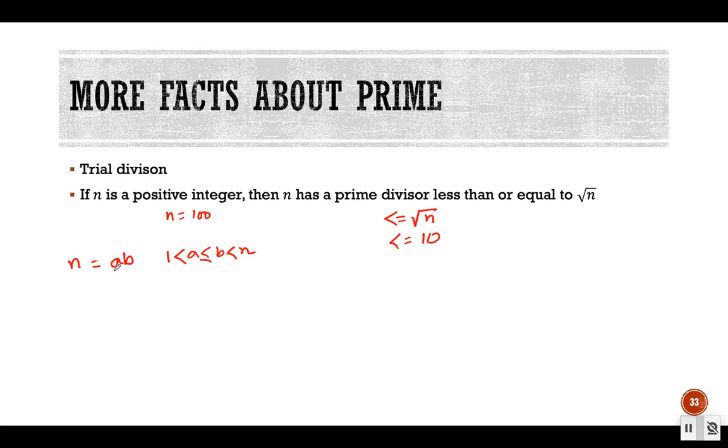So a is the smaller factor and b is the larger factor, and both a and b have to be less than n. a and b can be the same, for example 4 can be represented as 2 times 2. If a is less than b, then a is the smaller and b is the larger factor, and if they are the same, then they are the same, but both have to be less than n.